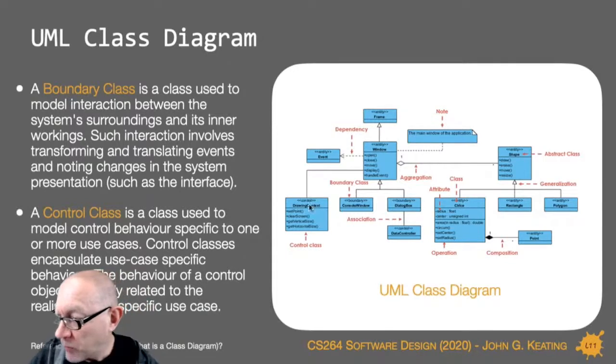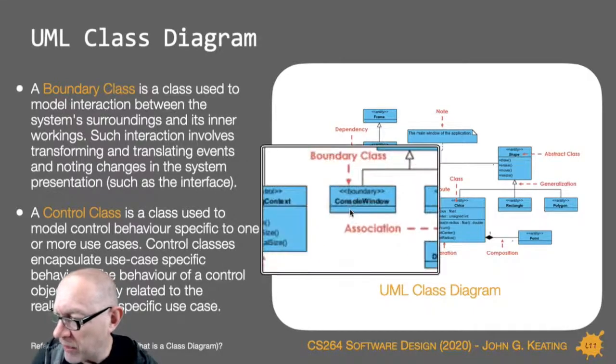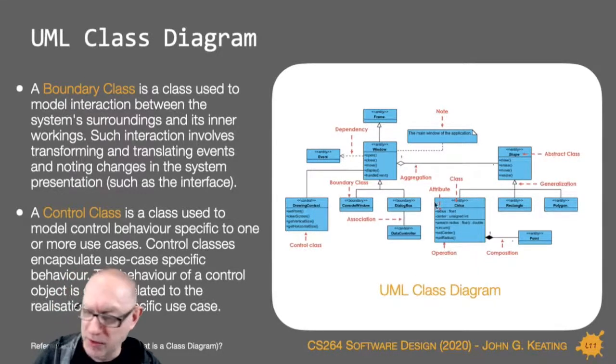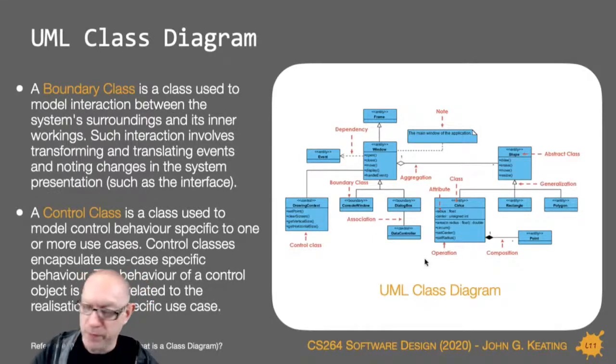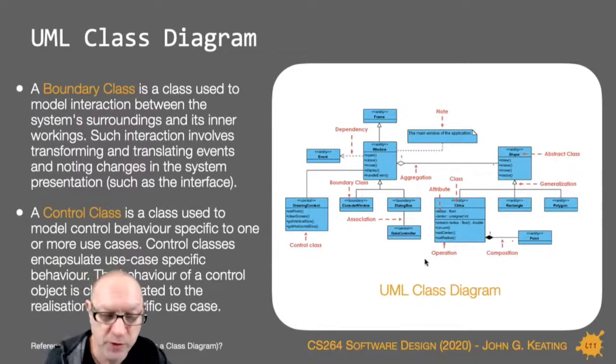But we also have this control class here. Here we have this boundary class, another boundary class, another control class. So for this particular static model of a drawing application, we see that there are three kinds of classes.